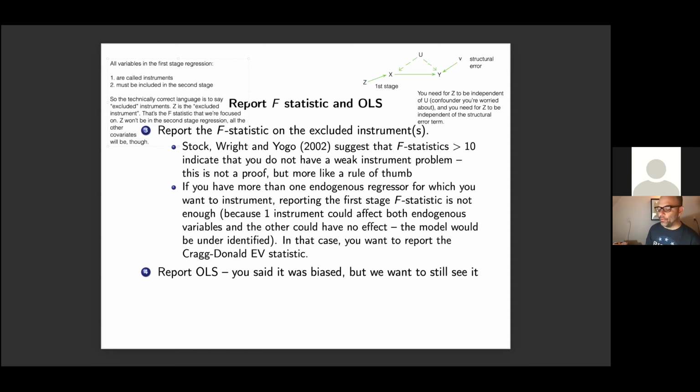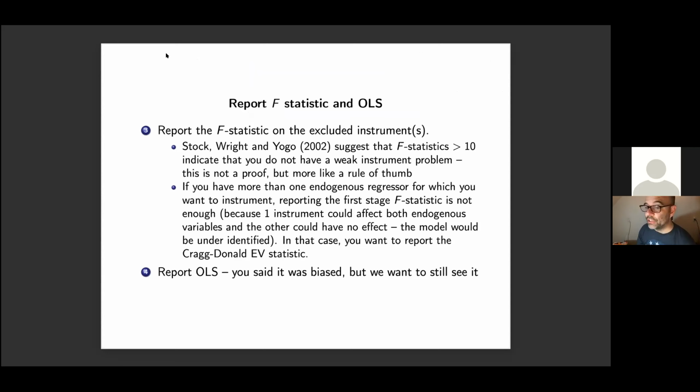I don't personally like that language, but they are all being used for predicting the X term in that first stage, so they are technically all instruments. I just find it clumsy to always be saying excluded instruments. But yes, you're absolutely right. They're all instruments. They're just not all the excluded instruments.